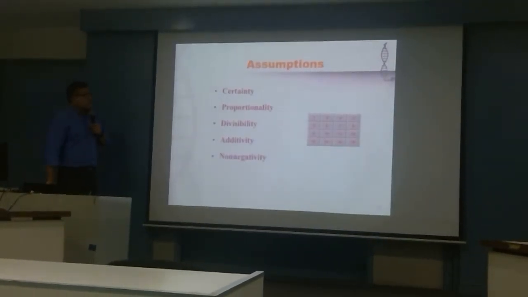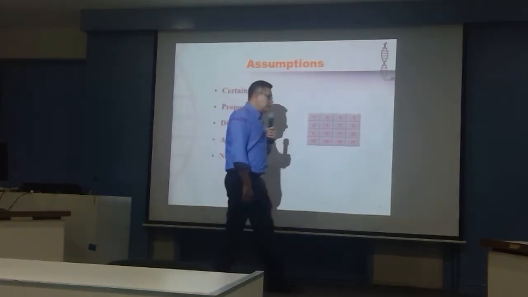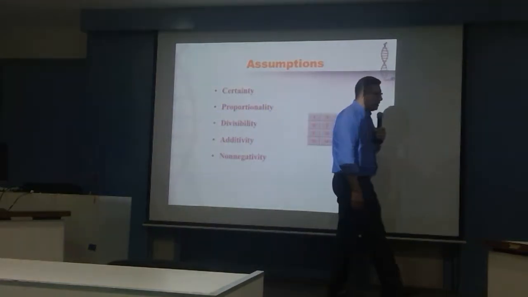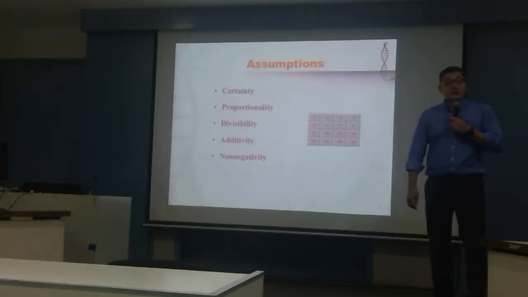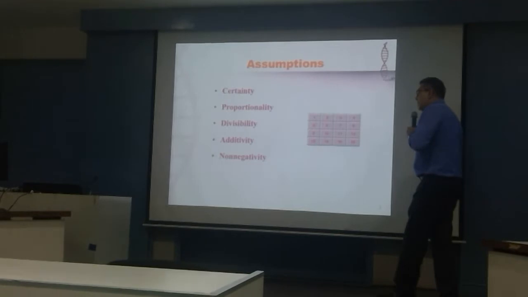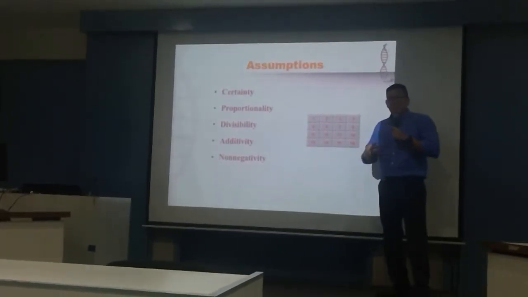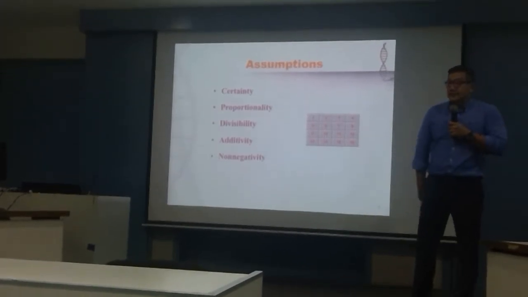Linear programming also has assumptions, right? The first one is certainty. Certainty means that during our analysis using linear programming, we assume that we know all the information with certainty. For example, let's say that I try to solve the problem of making the production of my products.